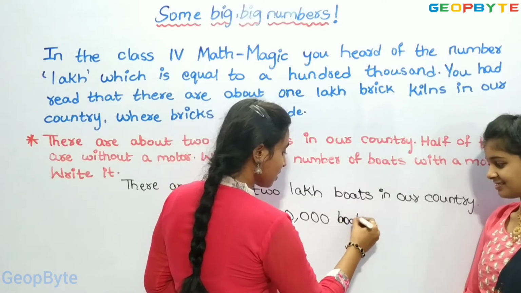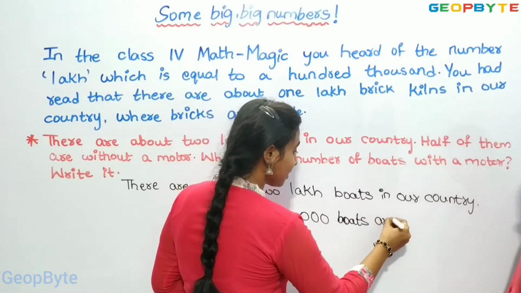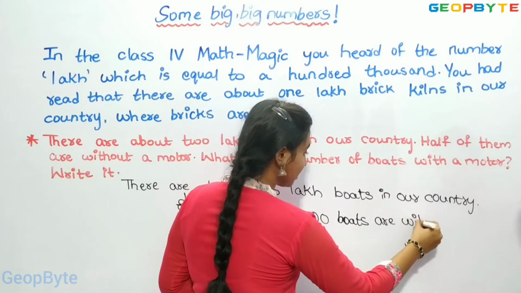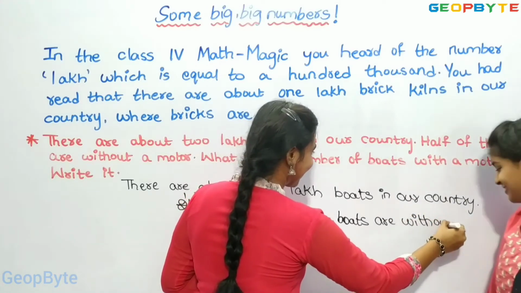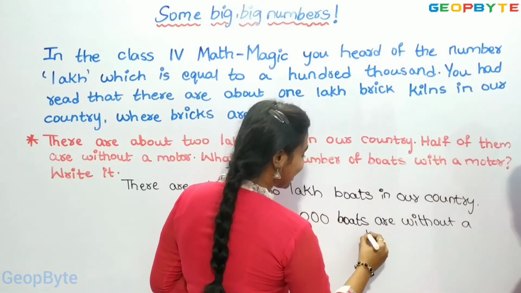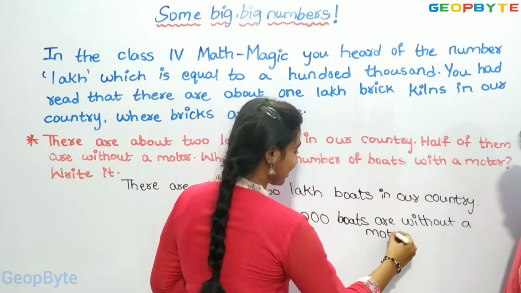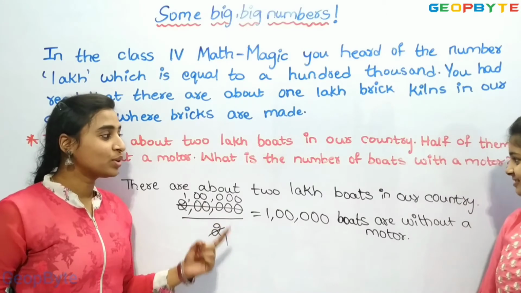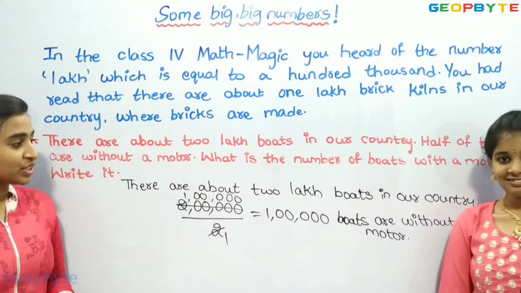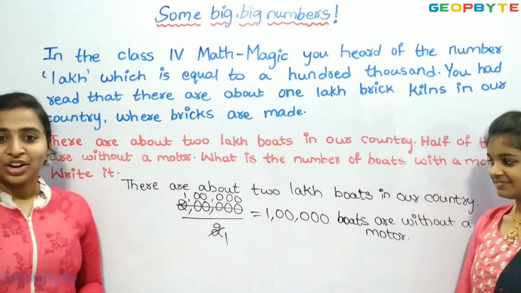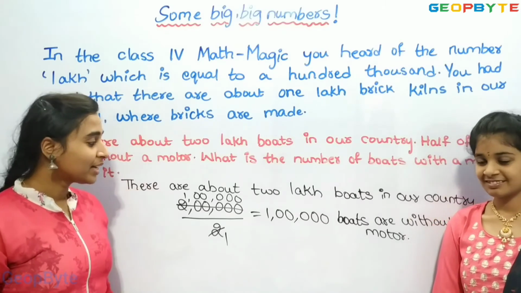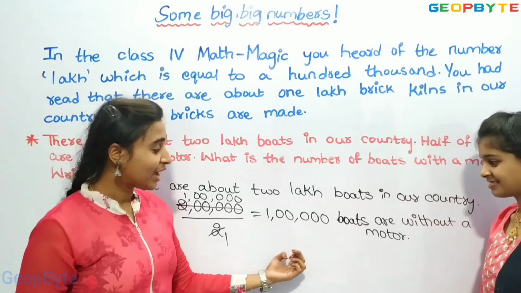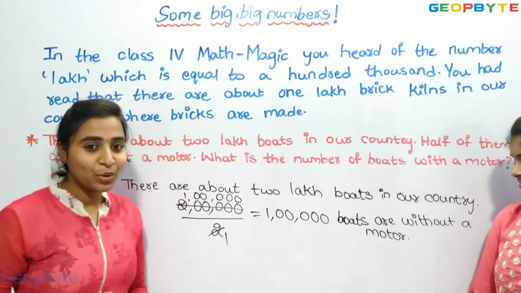Boats are without a motor. So, what is the number of boats with a motor? Children, total we have 2 lakh boats. In that, half means 1 lakh boats are without a motor.